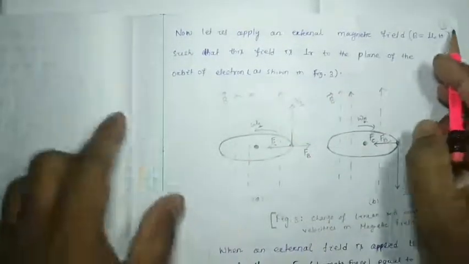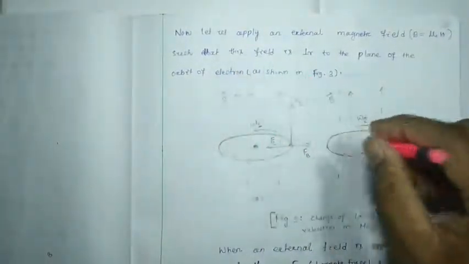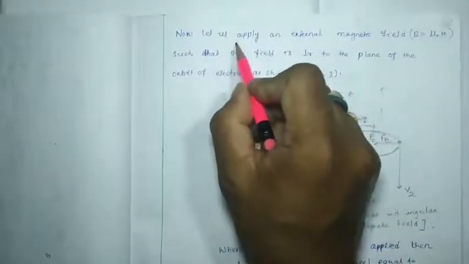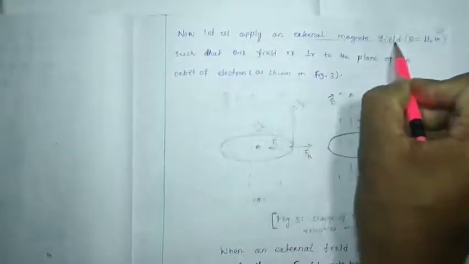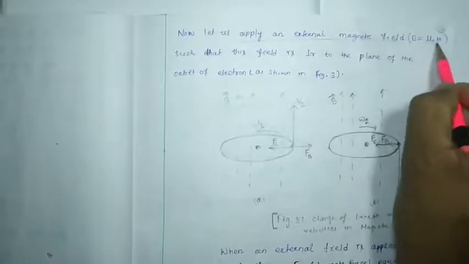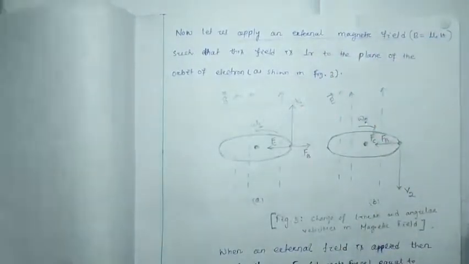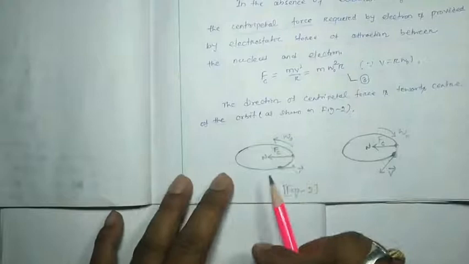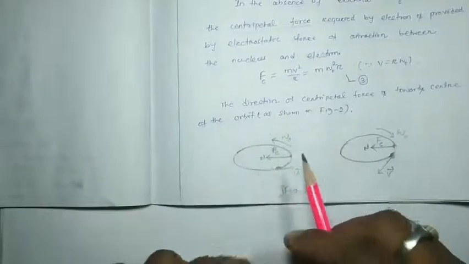On page 3, we have to consider the application of a magnetic field. Let us apply an external magnetic field, B equal to mu_0 H. Here is the situation of two electrons revolving around the nucleus without a magnetic field.